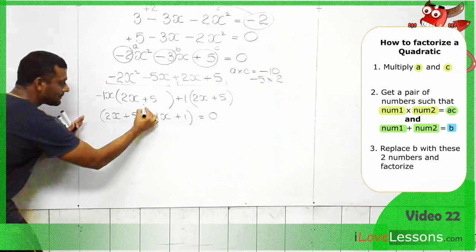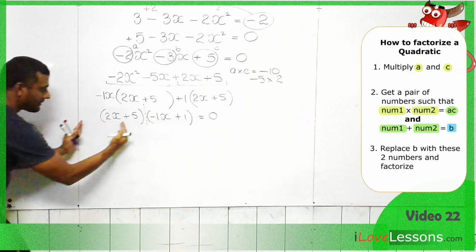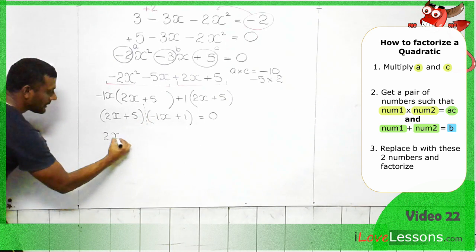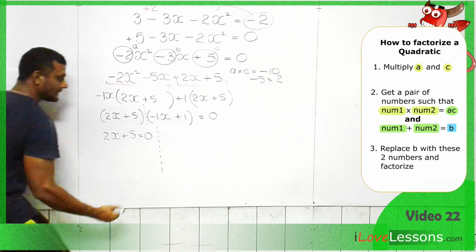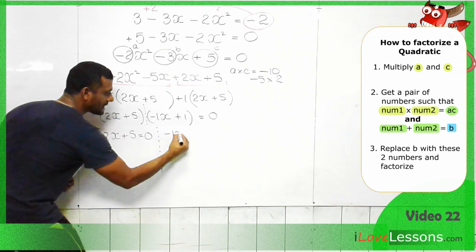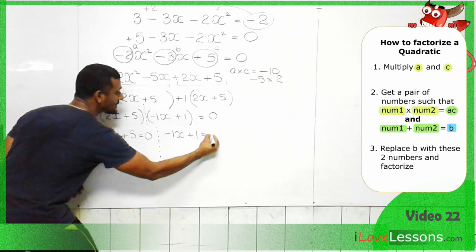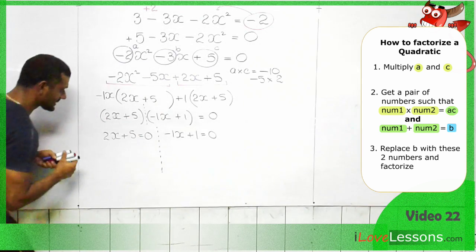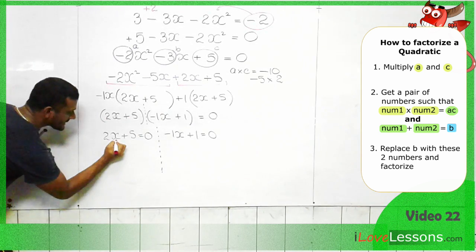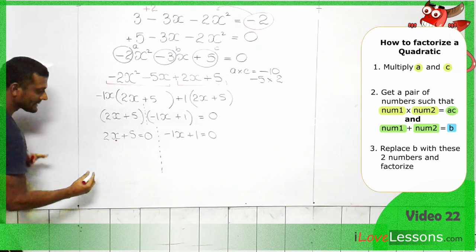We're going to split the question in half. We're going to take the first half of the question and put it equal to 0. Now we're going to take the second half of the question and also put it equal to 0. And in each case, we're going to solve for x. So we're going to get x on one side and everyone else on the other side.